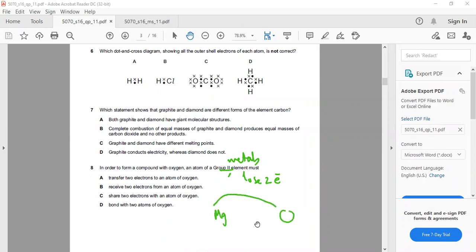They lose 2 electrons because they are in group 2. Suppose magnesium and oxygen. They lose 2 electrons to oxygen. Oxygen is in group 6, so oxygen gains 2 electrons. So which one is the correct answer? A, transfer 2 electrons to oxygen.